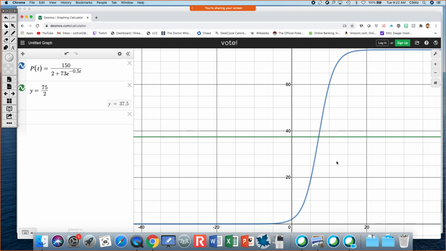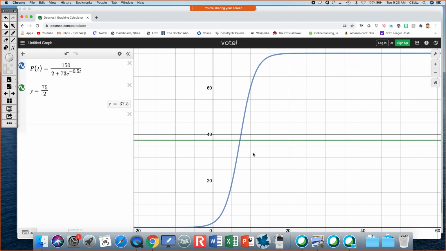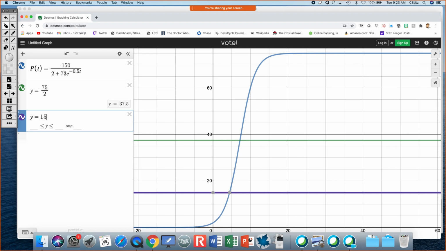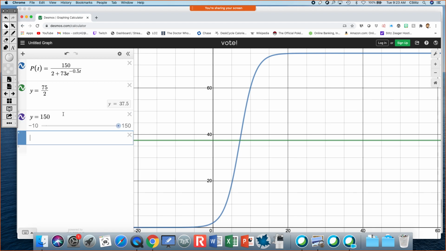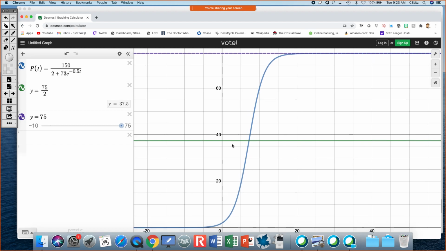Yeah, 37.5. Now, this is something that you can use calculus to show. You can show that you've got your limiting amount here, which is 150. Or excuse me, 75. I keep getting that. I keep getting ahead of myself there. So the limiting amount here is 75.